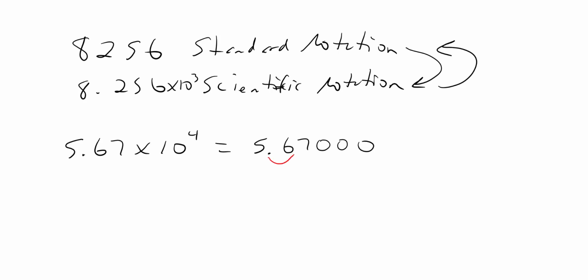So 1, 2, 3, 4. The decimal really goes there. So my answer to this problem is 56,700. Okay, and I just ignore the other 0. But I just put it in there to help move decimals. Otherwise, if you don't have zeros in there, then it's hard to move over. Okay, all right, let's do another one here.